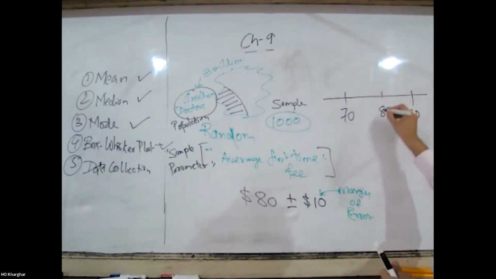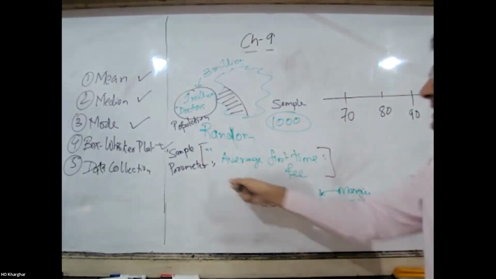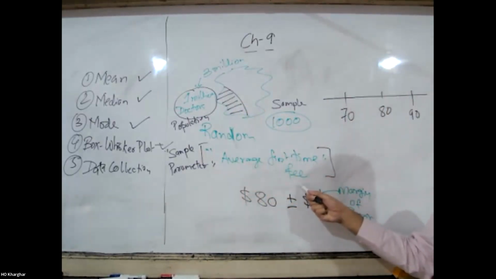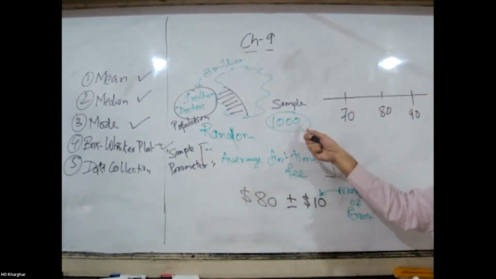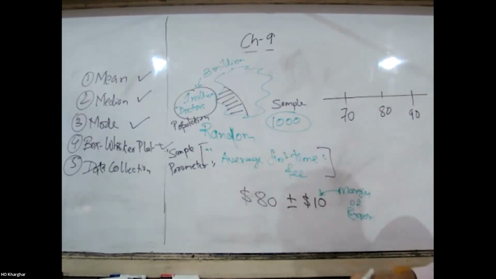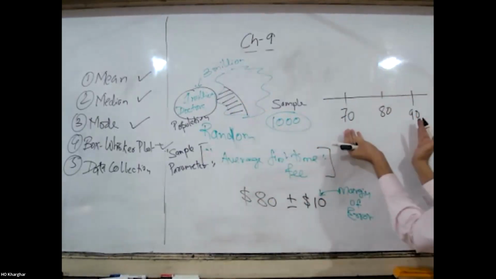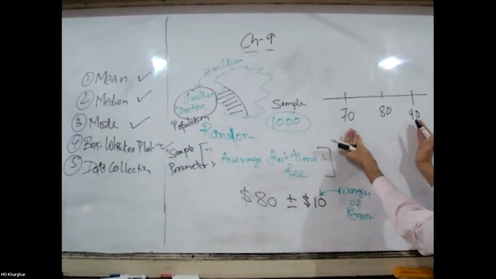My research says 80, which means if Ray goes to the same island, he studies the same sample parameter as I did, he takes the same sample size, he uses the same sampling method, there's a very high chance that his average would lie between my average plus minus margin of error.